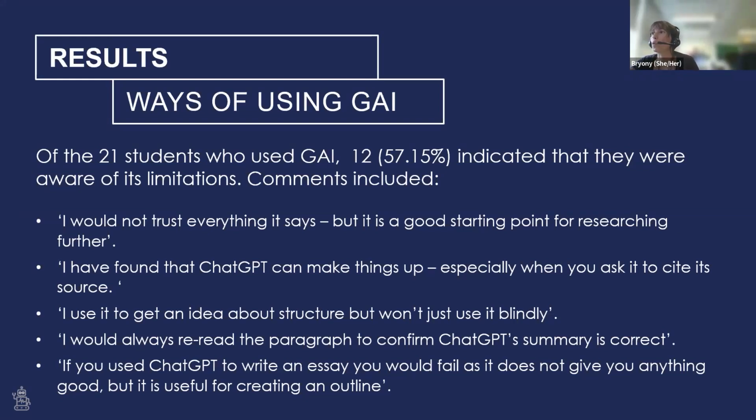So for example, people saying that they don't trust it completely, but that it is quite a good starting point. To be aware that things can get made up to some extent as well, and to not just want to use it blindly either. And also to reread and make sure that what it's saying is actually correct too.